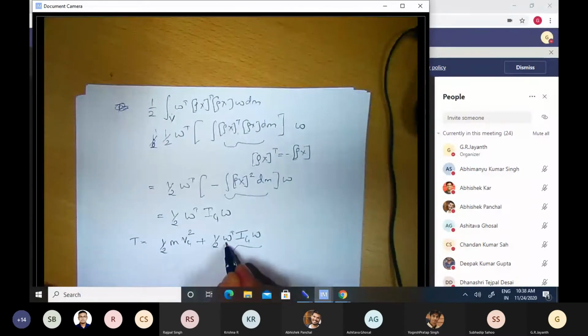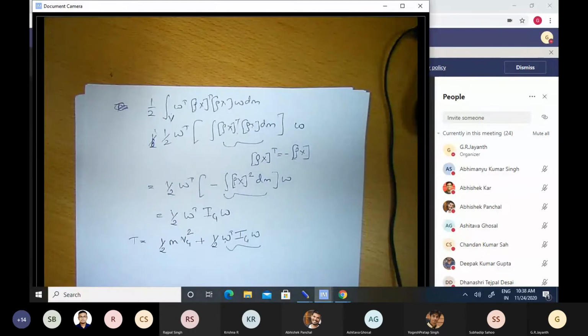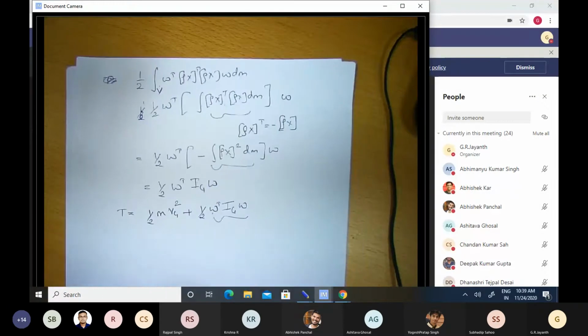I have not specified which coordinate frame I have represented omega in. It's just a coordinate frame attached with its origin at the center of mass. That's all we have said. What is its orientation? It is irrelevant, because the total kinetic energy does not depend on the relative orientation of the coordinate frame in which we are representing these quantities. So suppose I choose to represent it in a very special coordinate frame, namely the principal axes of this rigid body.